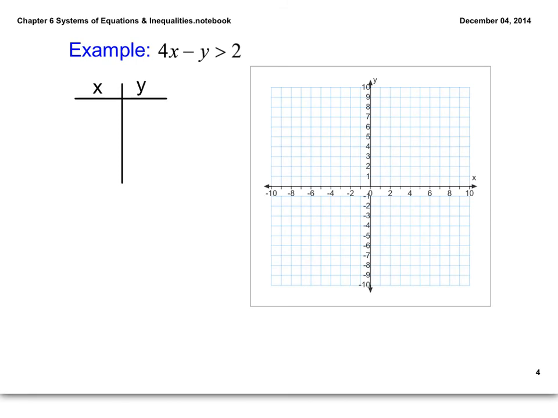Okay, for our final example, I'm just going to start this one off for you and have you finish it. We notice that the inequality 4x minus y is greater than 2 is not in a y equals or y is greater than or equal to or y is less than or equal to and so on format. So we have to get y by itself and isolate it. So I'm going to do that towards the bottom where I have some more space.